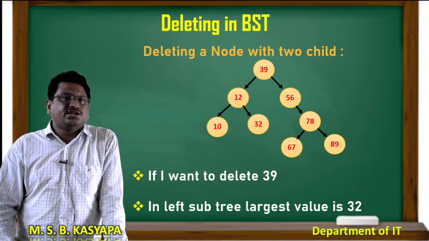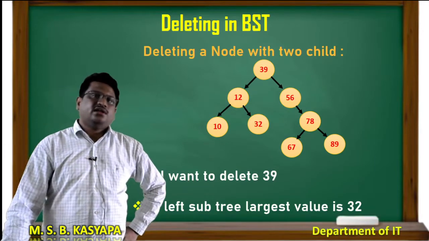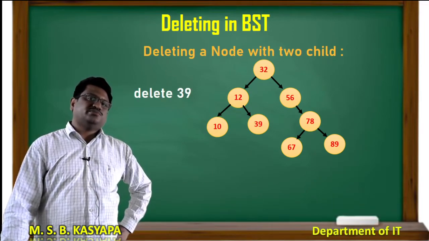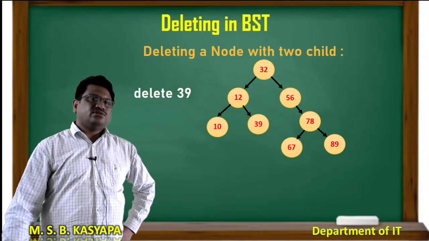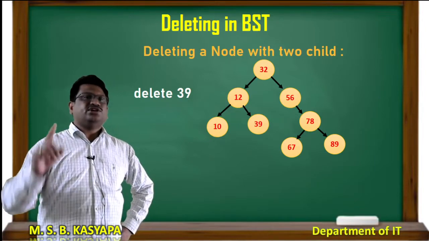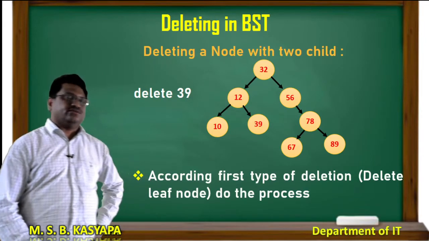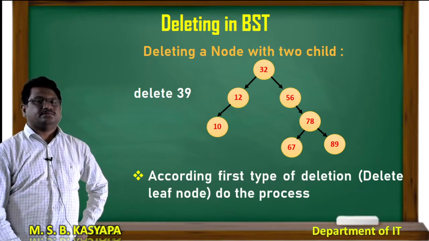So, 32 replaces 39. After replacing, the tree should look like this. If you see, deleting 39 is now converted into type 1. Type 1 means I can delete a leaf node, so I can directly delete the value.